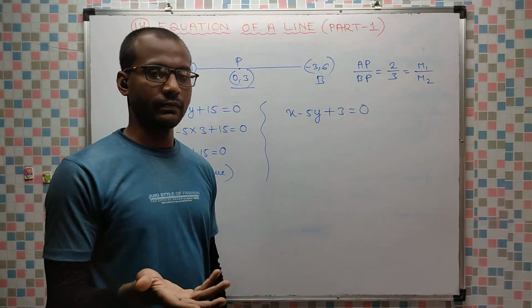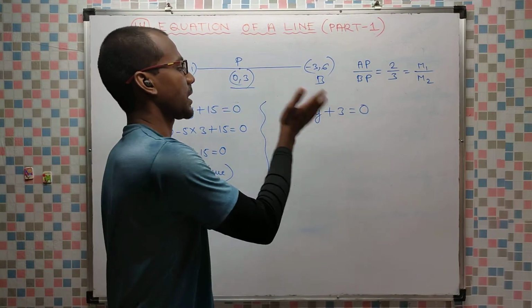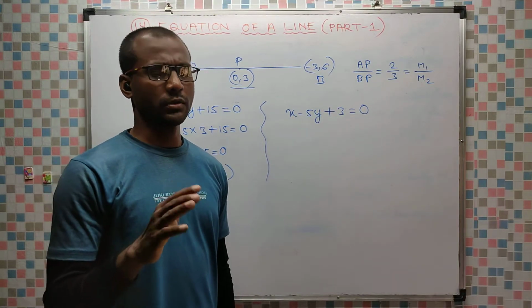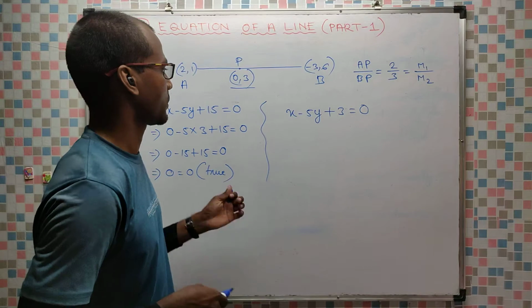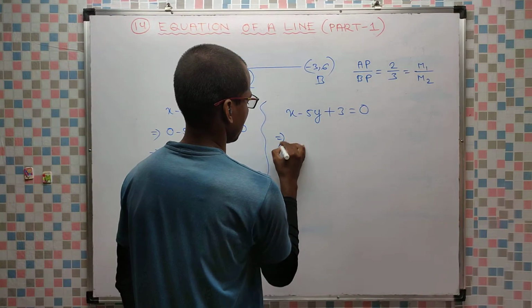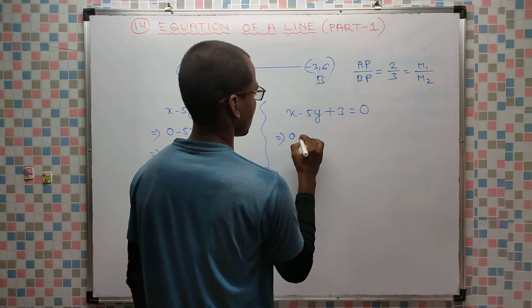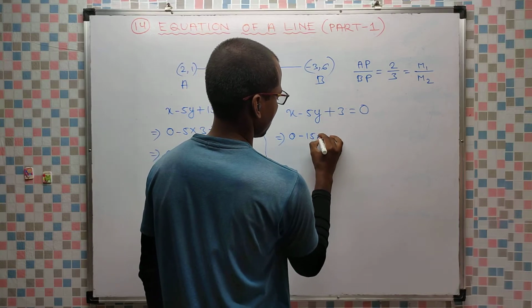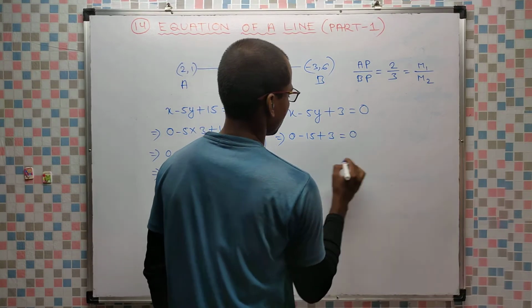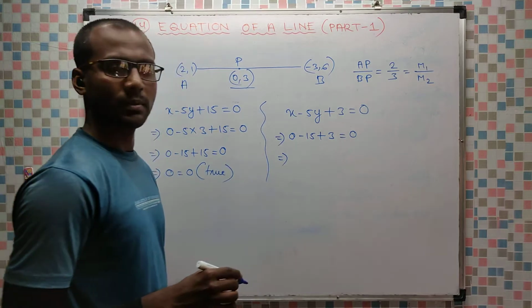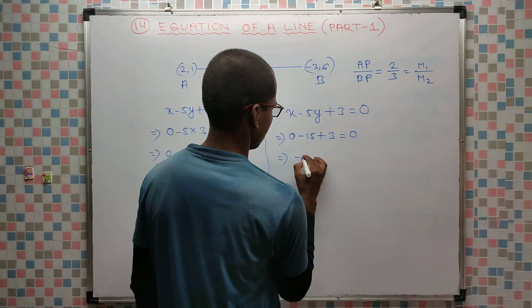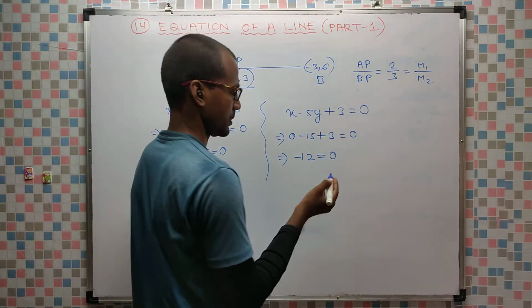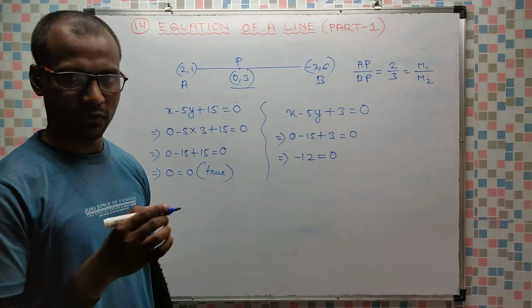If the equation is satisfied, then definitely the point lies on the line, otherwise not. x is 0, y is 3, so 0 minus 5 into 3, that is 15, plus 3 is equal to 0. So 0 minus 15 plus 3 is minus 12, is equal to 0. Is it possible? Minus 12 equal to 0? False.